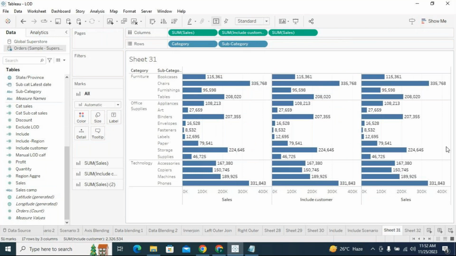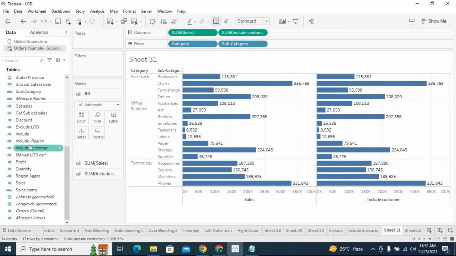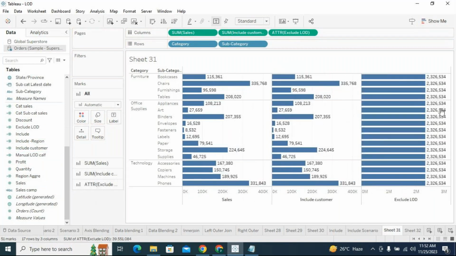So if you look at, still it is running at business level sales. So if you remove the customer also, what it returns? It returns the business sale only.